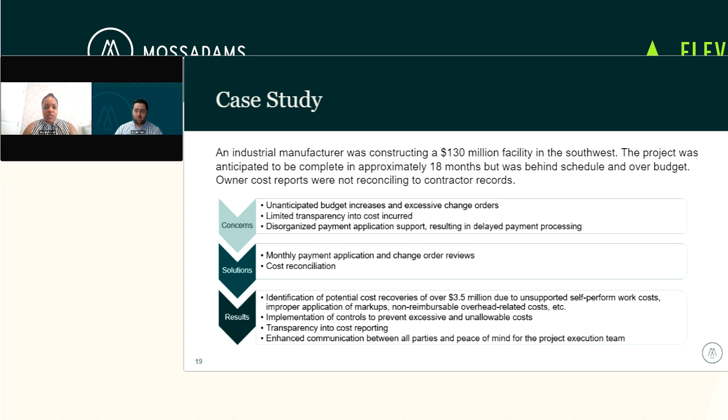They also didn't understand how to apply their markups for insurance, for bond, and a few other costs specific to the job. And they were also billing for non-reimbursable overhead related costs. So things that they were considering safety incentives or other costs that were home office related expenditures that shouldn't have been billed to the job.